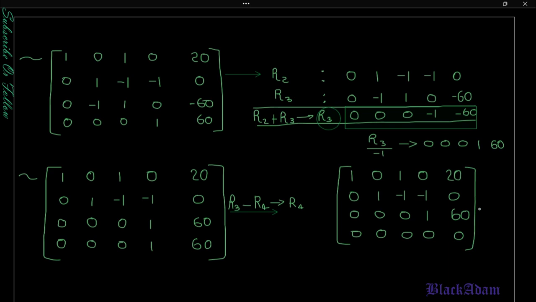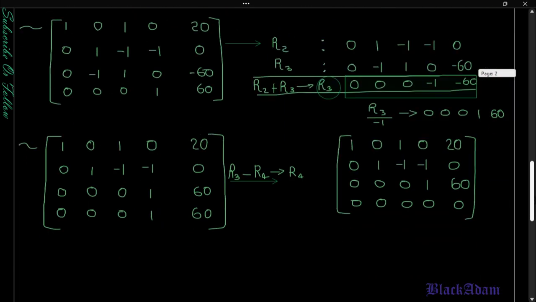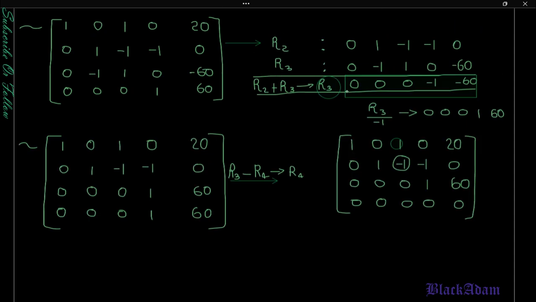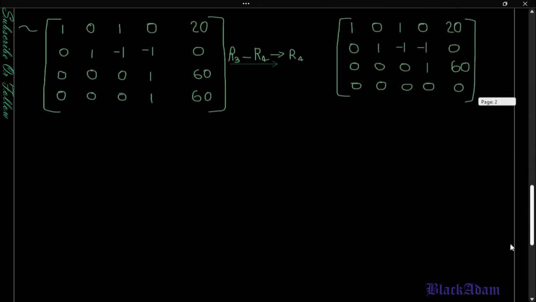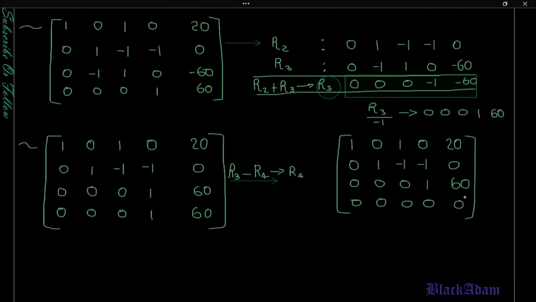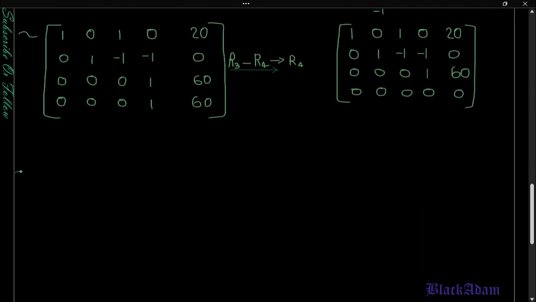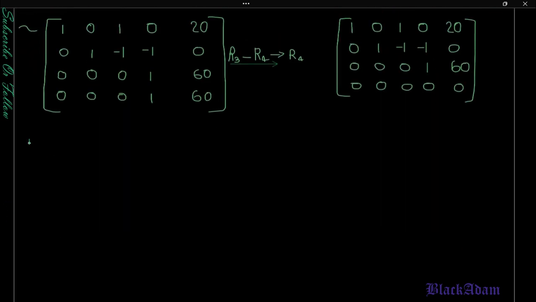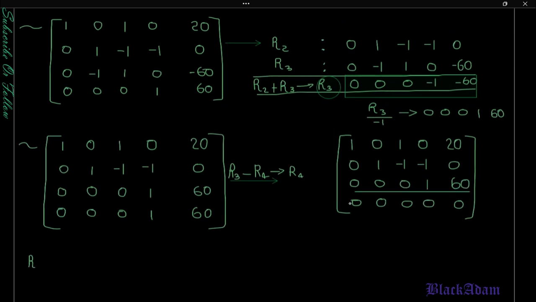Okay, so now what we have there and there, we can see row 1 and row 2, but also we have row 2 and row 3. Let's use row 2 and row 3.